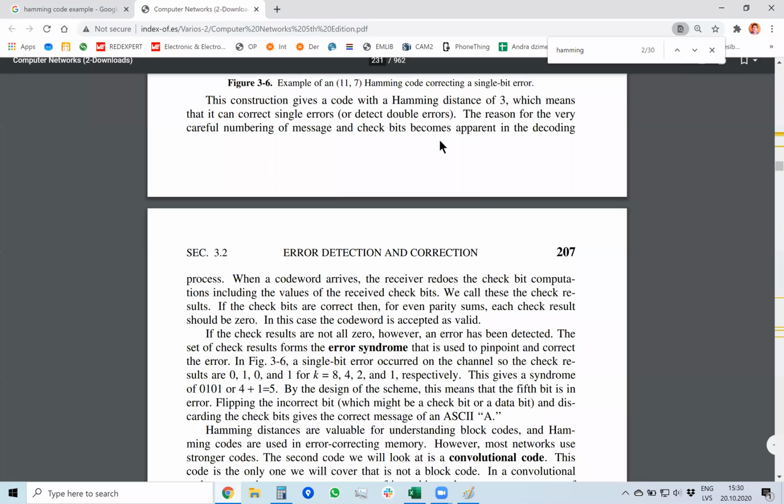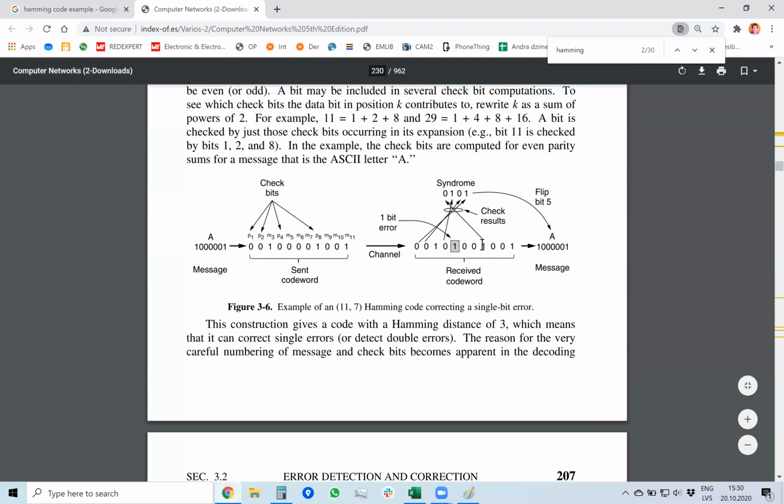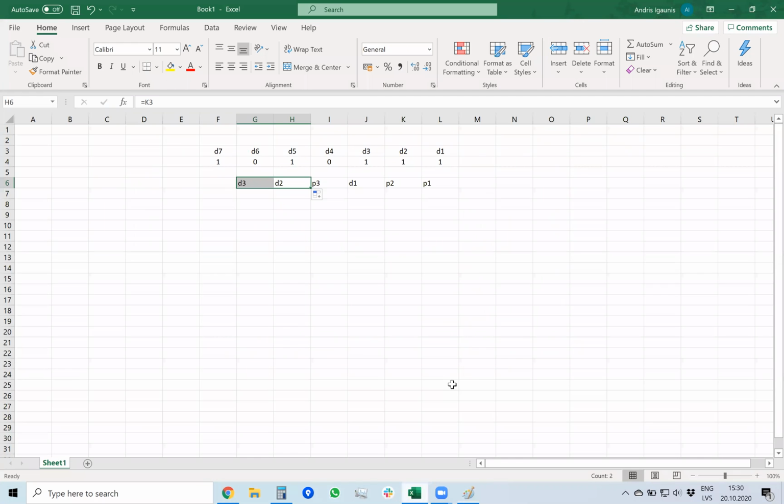Let's see in this example. So the parity bits are here, 3 bits. Then we have parity bit number 4. I think it actually should work on 8-bit numbers as well.